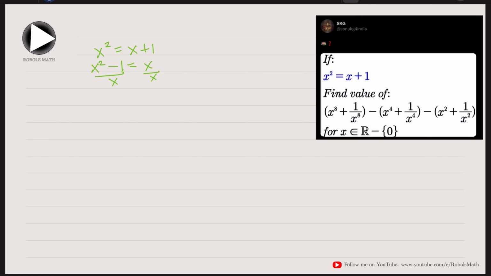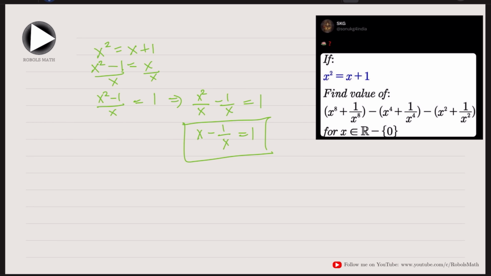This gives us x squared minus 1 over x is equal to 1. And then on the left side, we can split the fraction as x squared over x minus 1 over x. The right side is 1. Then we simplify x squared over x as x. So this gives us the equivalent equation x minus 1 over x is equal to 1.